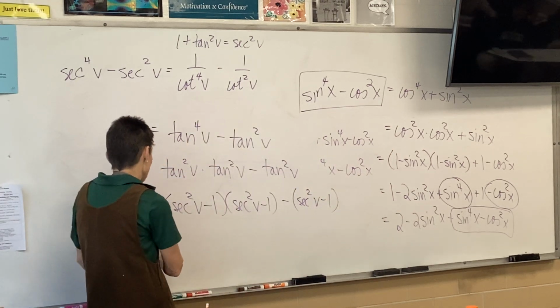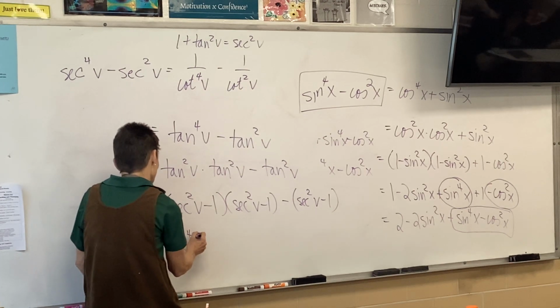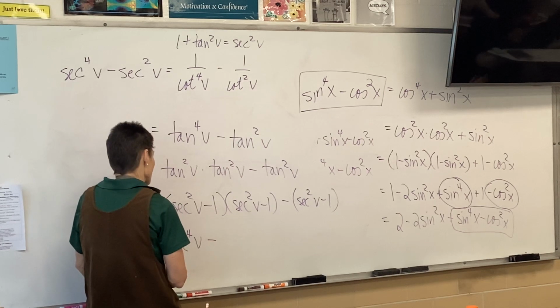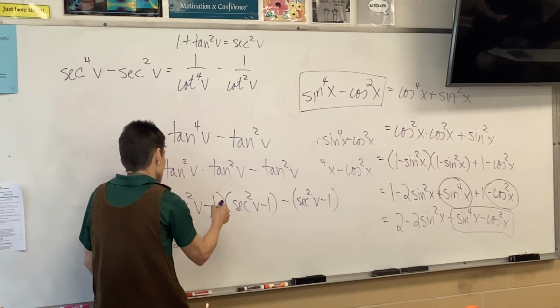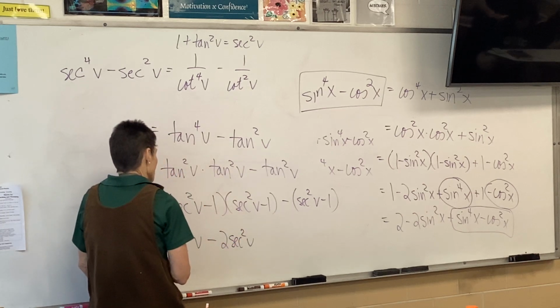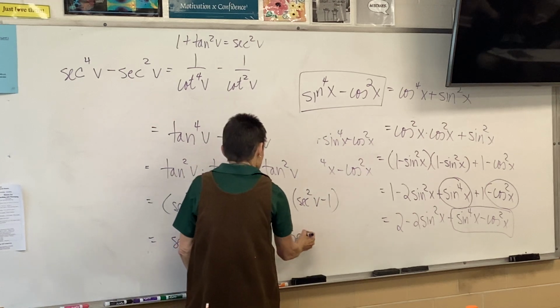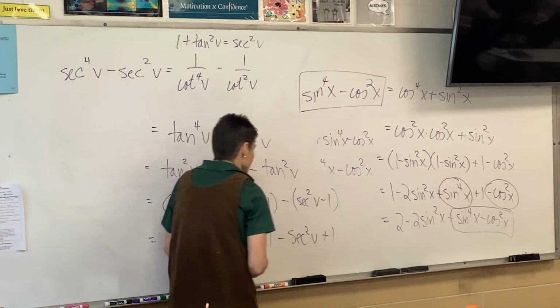Alright, so what happens when I FOIL this? I'm going to get secant to the 4th minus 2 secant squared plus 1 minus secant squared plus 1.